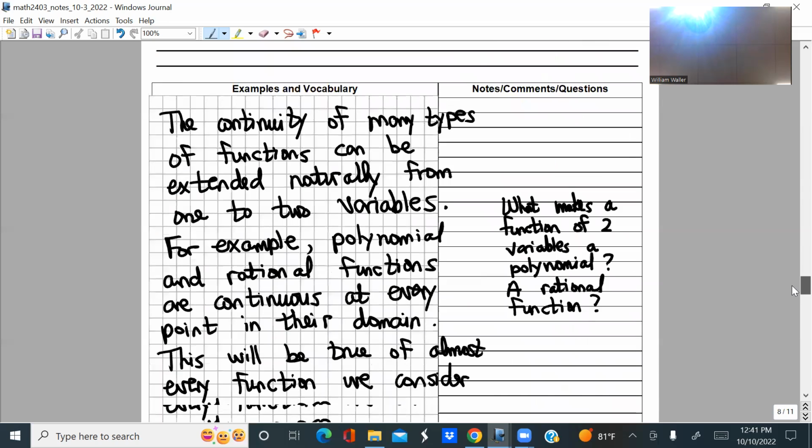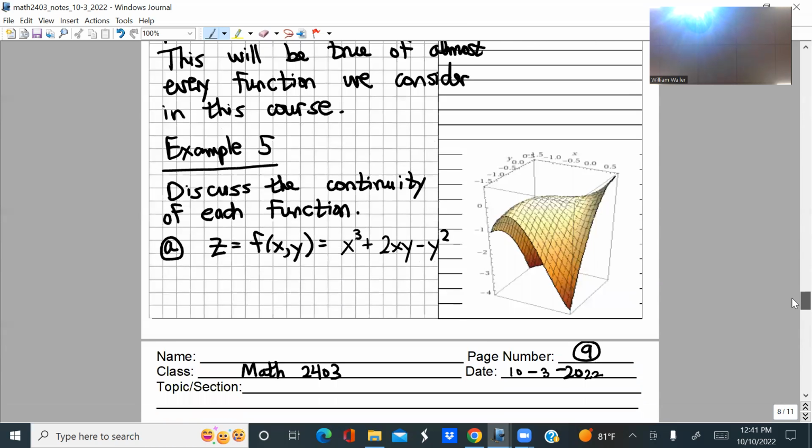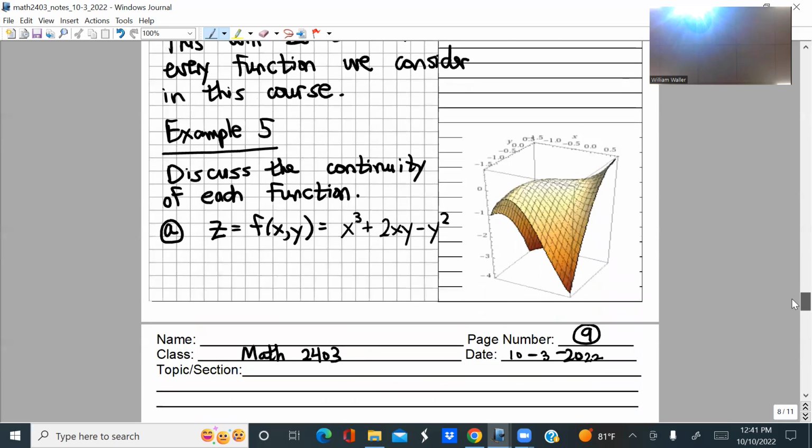Let's think quickly now about continuity in a few examples. I've got some nice surfaces graphed here, and I just want to see if we can figure out where these functions are going to be continuous or not. So this first one, x cubed plus 2xy minus y squared, is a polynomial function.